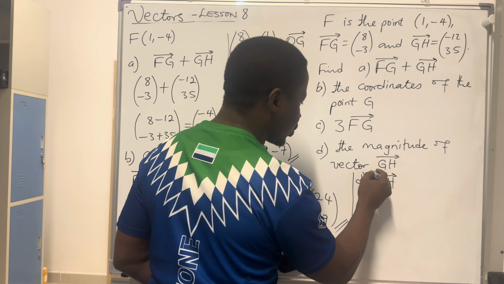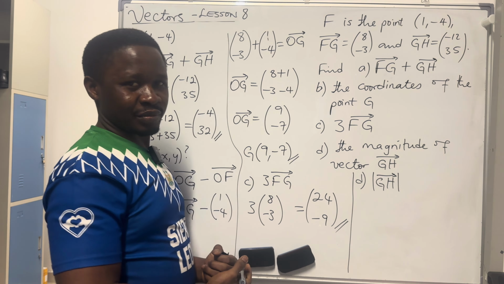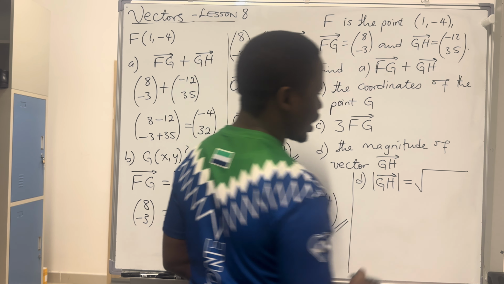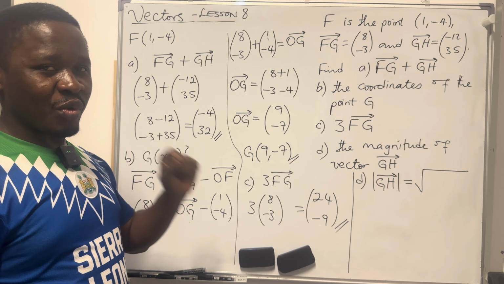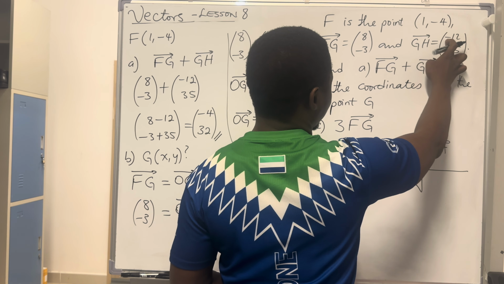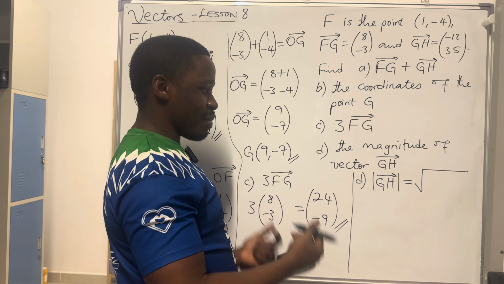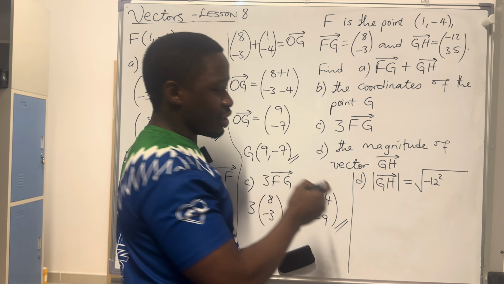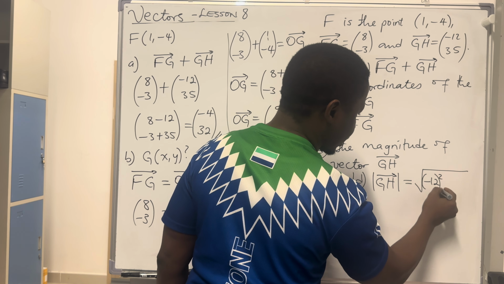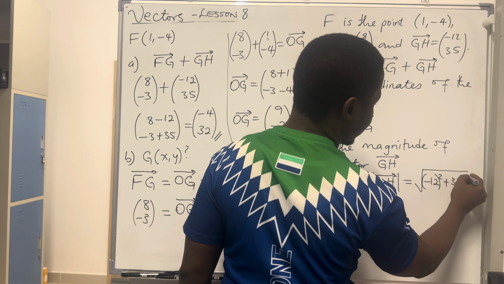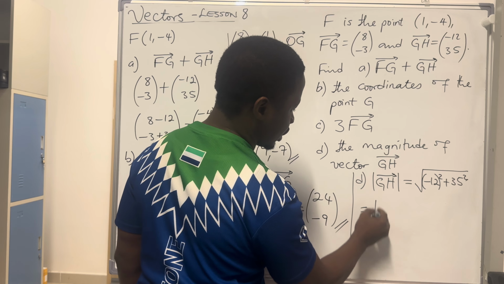But because of magnitude, you have to enclose it like this. So this is equal to the square root of the sum of the squares of the components of that vector. GH has (-12, 35). So if we want to find the magnitude, we say minus 12. This way is wrong. It has to be in brackets like this, plus 35 squared.